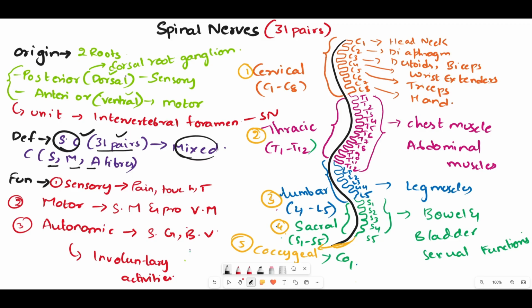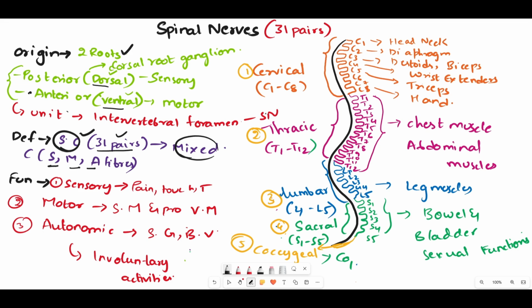In the origin, you include that each spinal nerve is formed by the union of two roots: the posterior root, also called the dorsal root, and the anterior root, also called the ventral root. The posterior root consists of sensory fibers, whereas the anterior root consists of motor fibers. Both roots are united near the intervertebral foramen to form the spinal nerves.